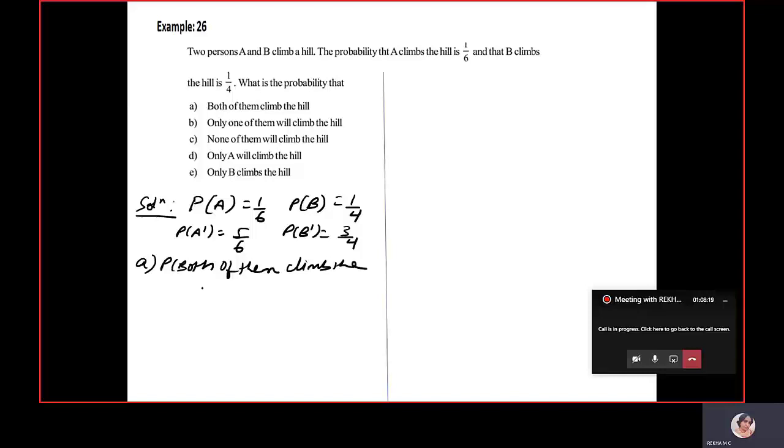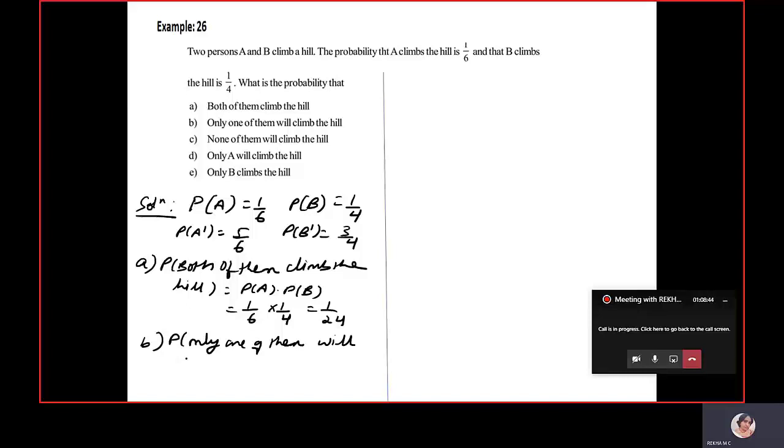Sub-question A, probability of both of them climb the hill is equal to P of A into P of B, that is equal to 1/6 into 1/4, 1/24. Then sub-question B, P of only one of them will climb the hill, that is equal to P of A into P of B complement.